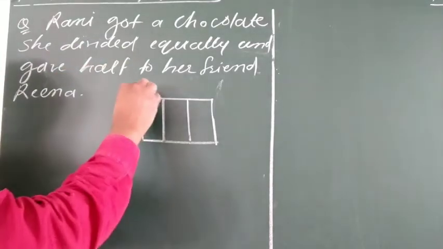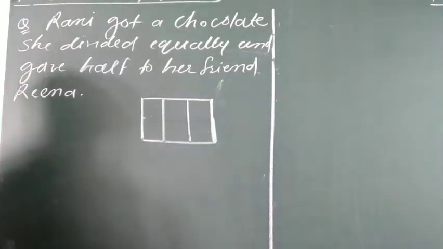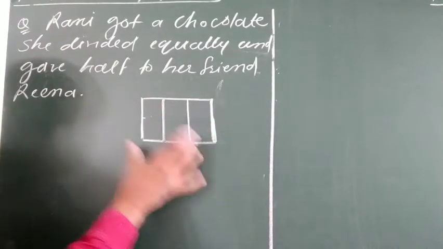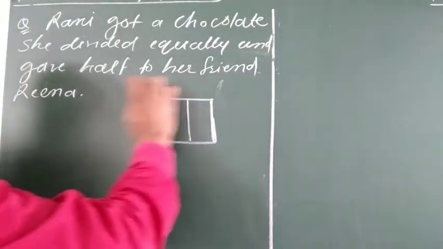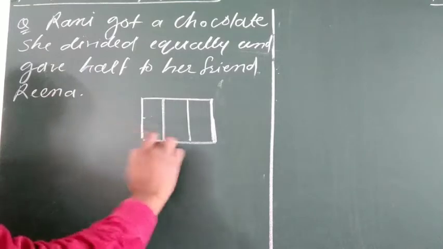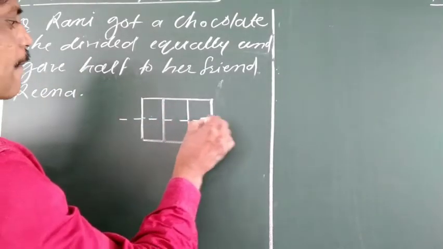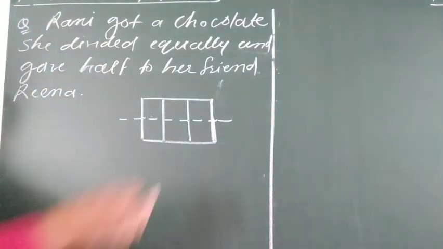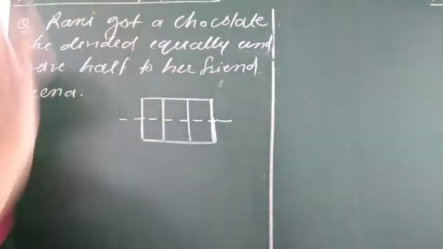Whenever she divides this into half, as you know, what is the meaning of half? Half is one equal part out of two equal parts of any whole thing. So this is one whole chocolate. Now she has to divide it equally. How will she divide? She can divide it like this. When she divides it like this, there are two equal parts. This is one equal part and this is one equal part.